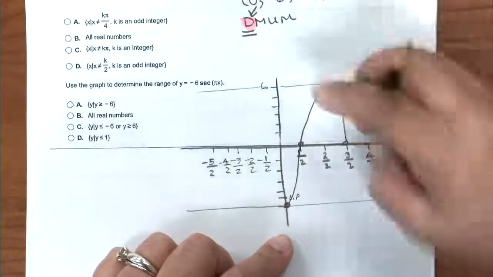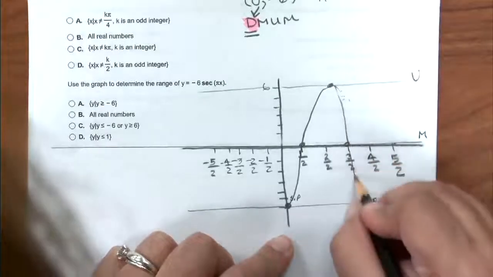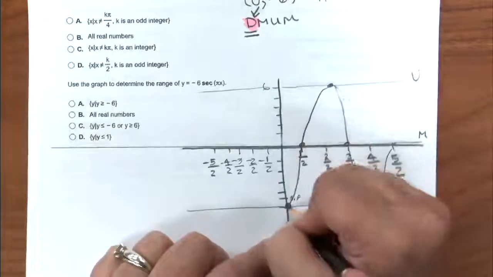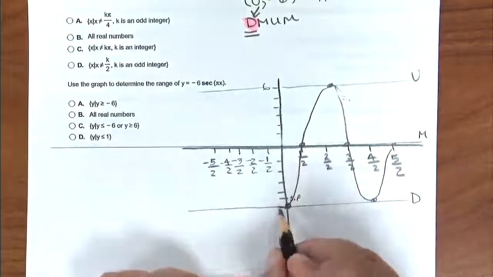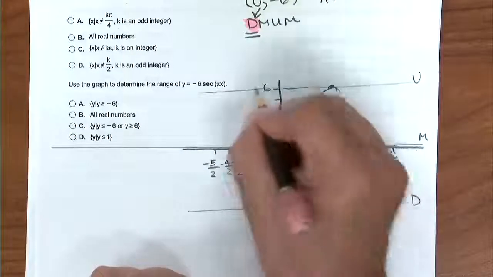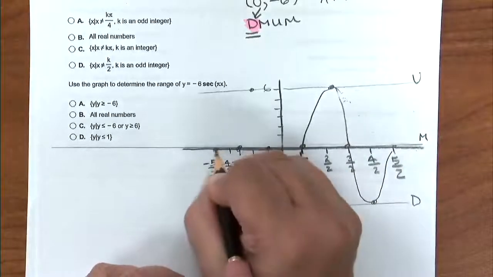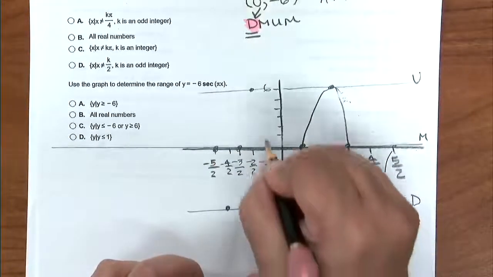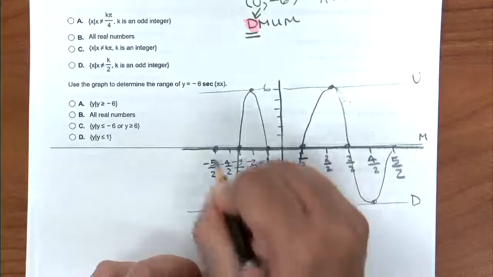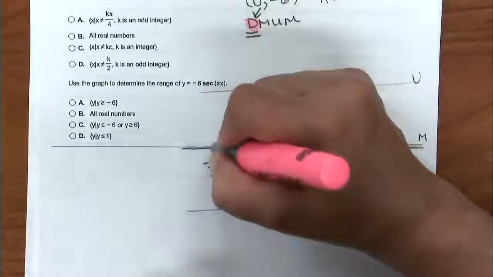Oops, I accidentally made them solid. That's okay. This would be down here. This would be down here. Okay, then here, if I was going to get some graph over here, I'd have to start going up, all the way up, back down to middle, all the way down, back up to middle. Okay, then right where the x-intercepts are, asymptotes.